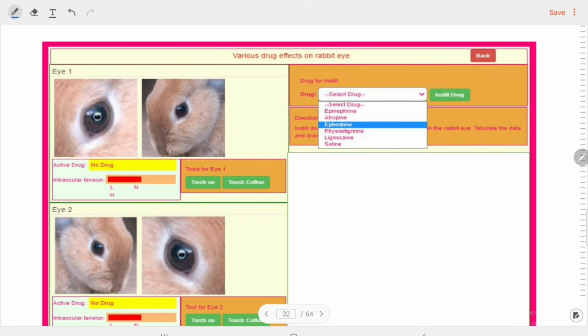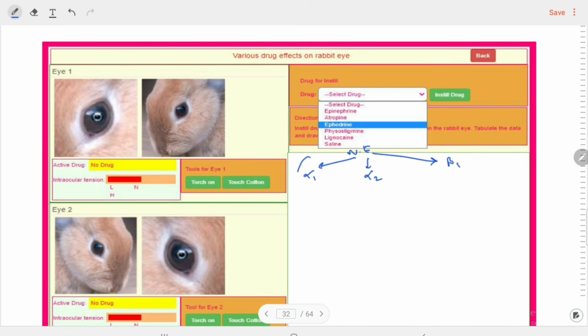If we give ephedrine, it will cause the slow release of noradrenaline from the presynaptic neurons, and the noradrenaline will act on the alpha 1 receptor, alpha 2 receptor, and beta 1 receptor. There is no role of beta 2 here.